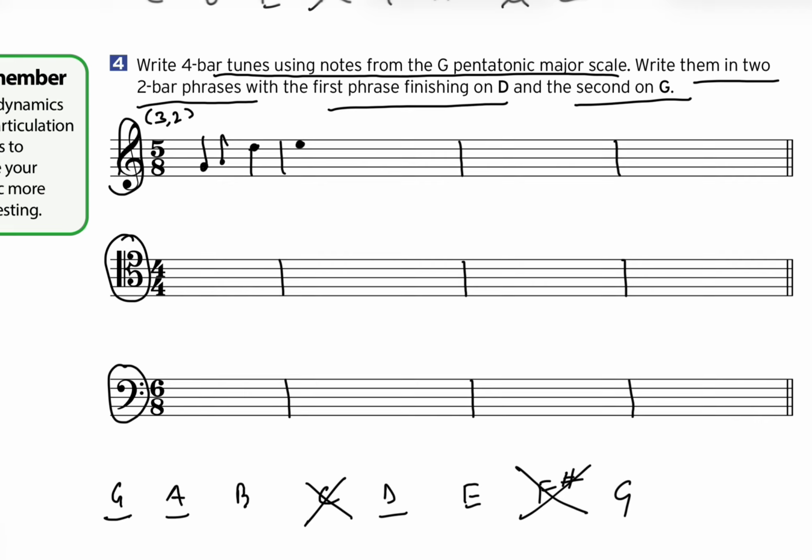Okay, so after that we can go to, say, G here, and then we finish on D here. So this will be our quarter note, eighth note, and quarter note. Okay, so we finish the first, and this is a phrase, so we finish on D first. Now let's start the second one.